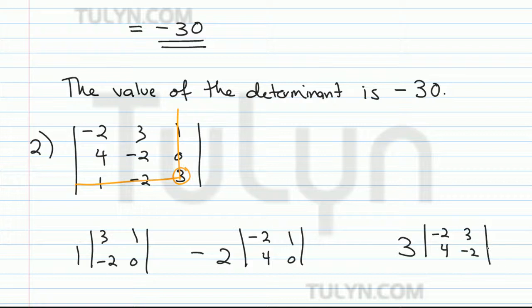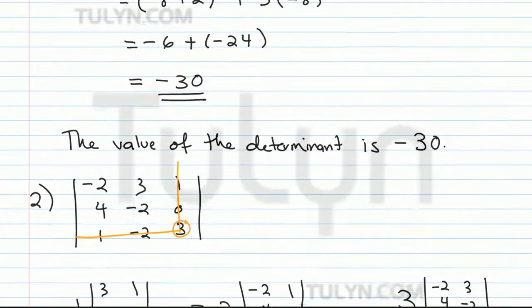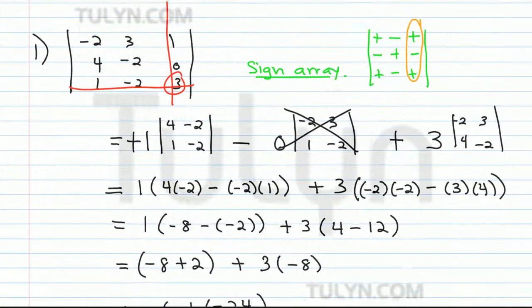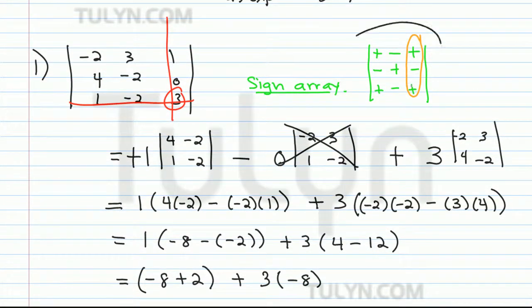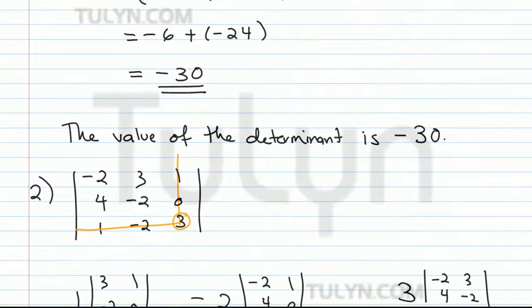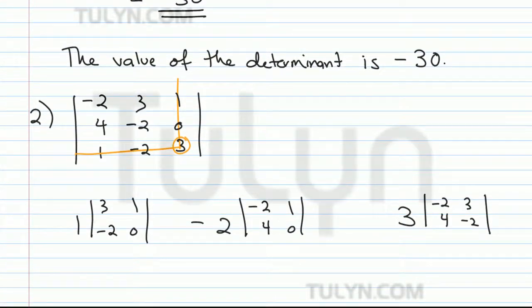Then, using the sign array, let's scroll up and find it. This being the sign array right here, we're looking at row 3 now, so the signs are plus, minus, plus, the same as before. That's how we're going to connect these 3. This is going to become plus, minus, and plus.